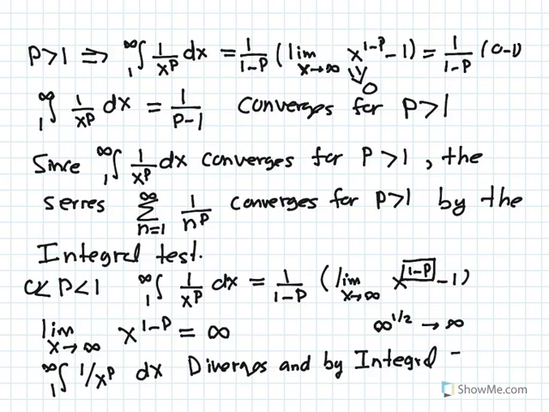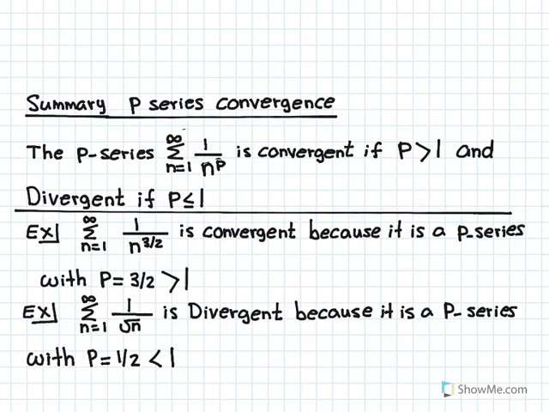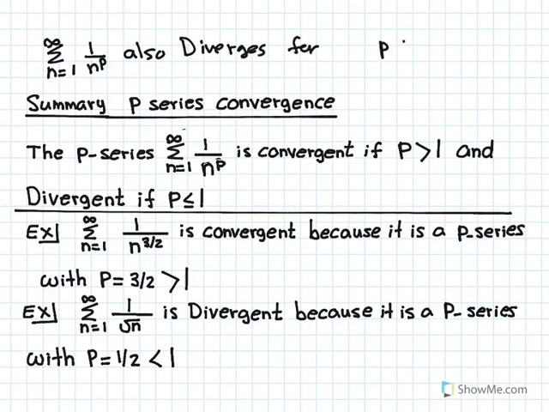By the integral test, the series summation n equals 1 to infinity, 1 over n to the p, also diverges for p less than 1, larger than 0.